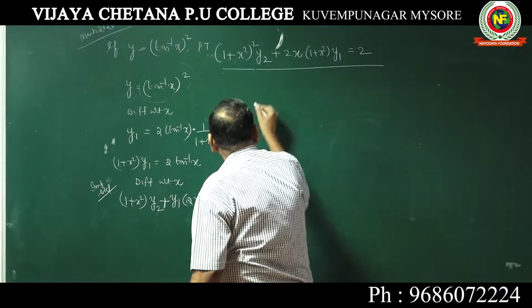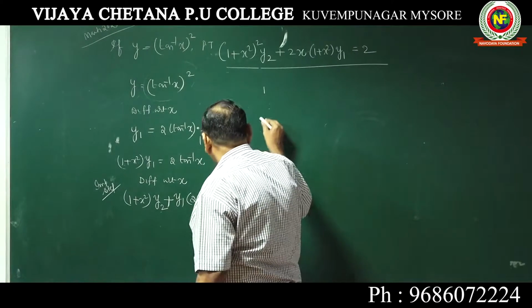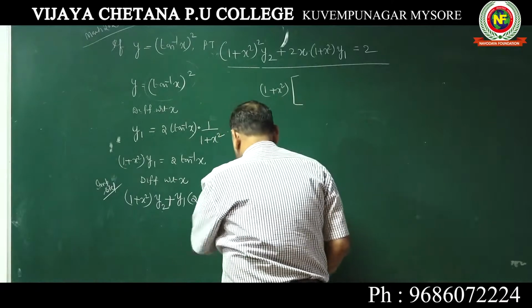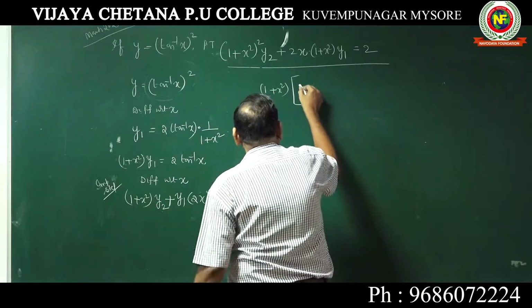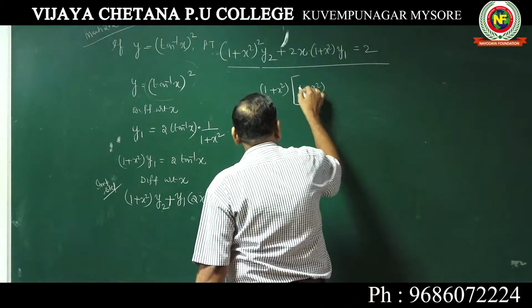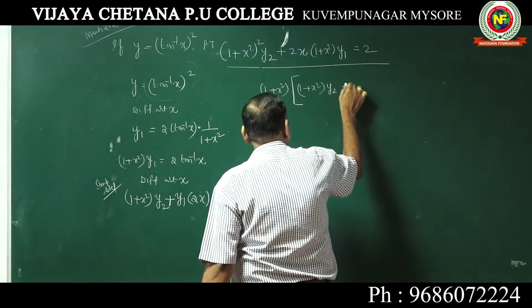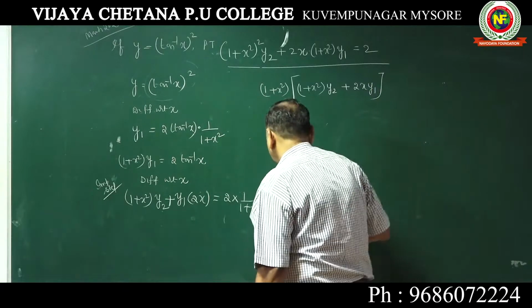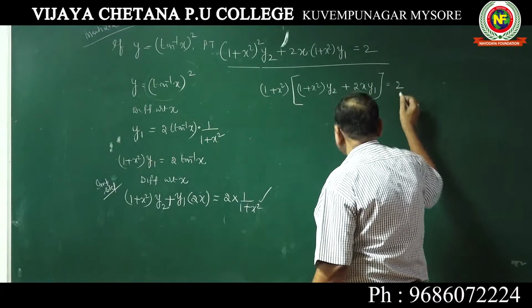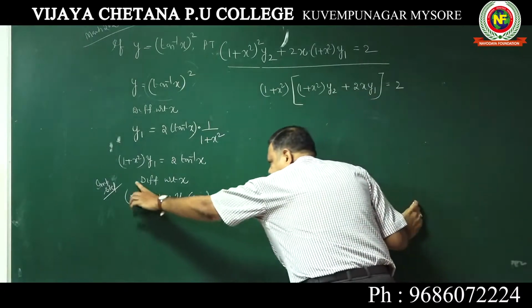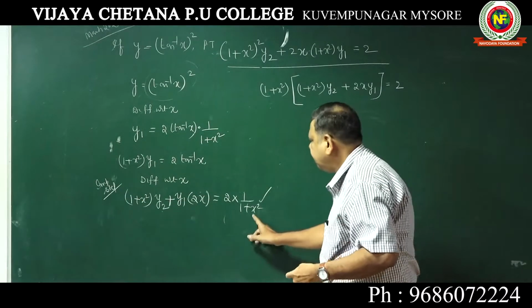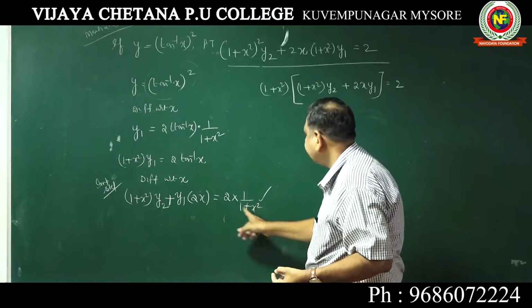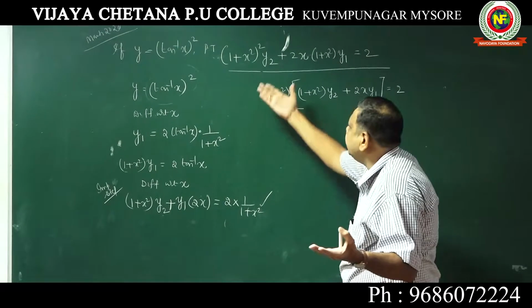Now cross multiply by 1 plus x square: (1 plus x square) into (1 plus x square) y2 plus 2x y1 into (1 plus x square) is equal to 2. You can straight away write (1 plus x square) whole square y2 plus y1 into 2x into (1 plus x square) is equal to 2. That's all, you got the answer.